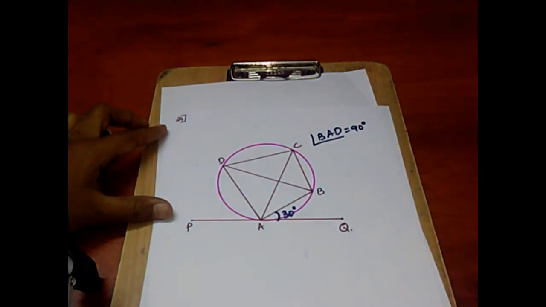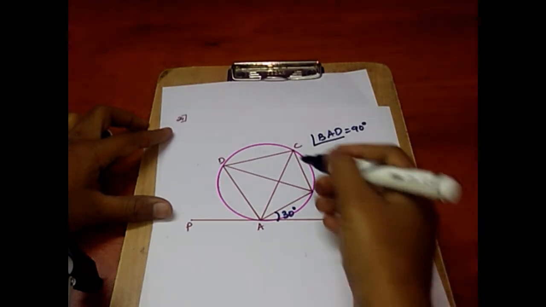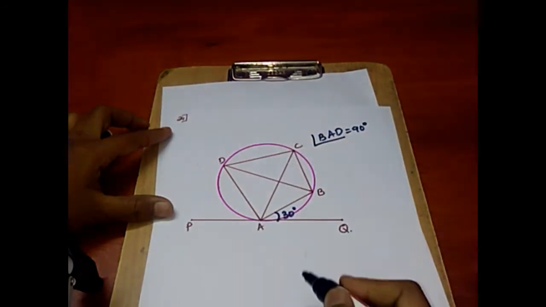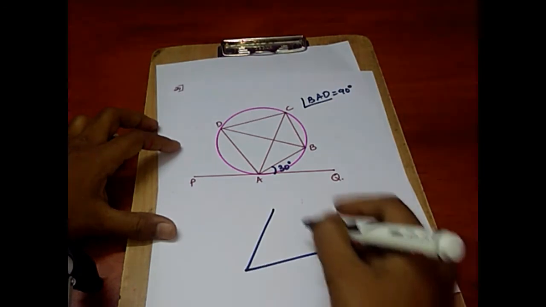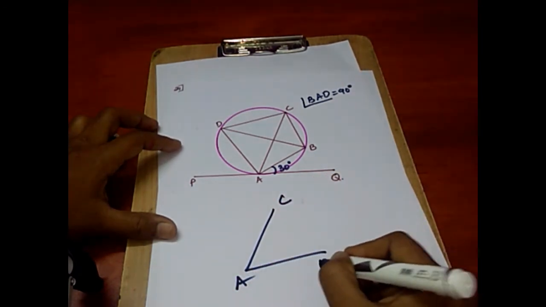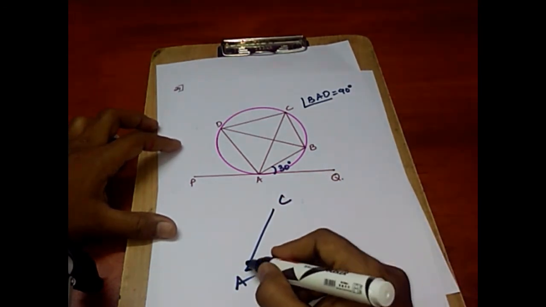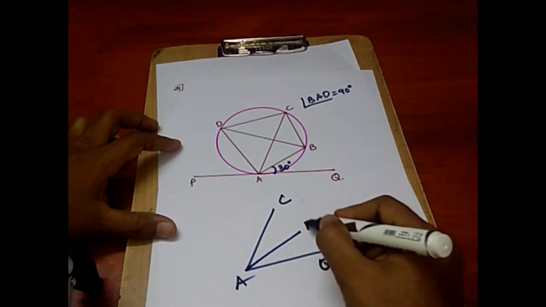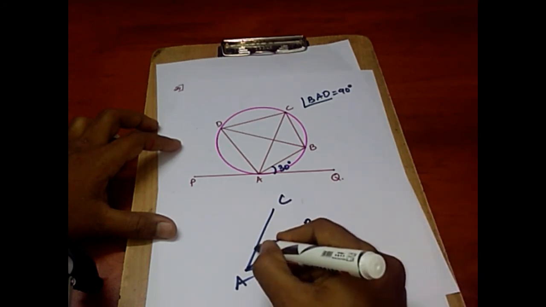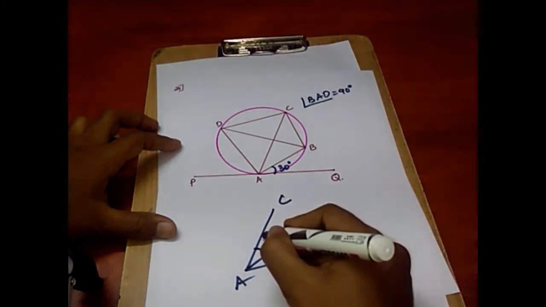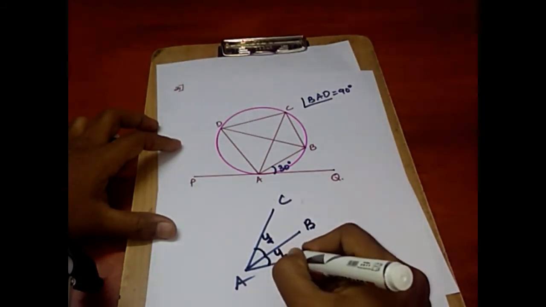Listen to the explanation. You need to write the solution. Just listen carefully. The first point, AB is the bisector of angle CAQ. So here we have an angle CAQ. It is said that AB is the bisector. Bisector means it divides the angle into two equal angles.